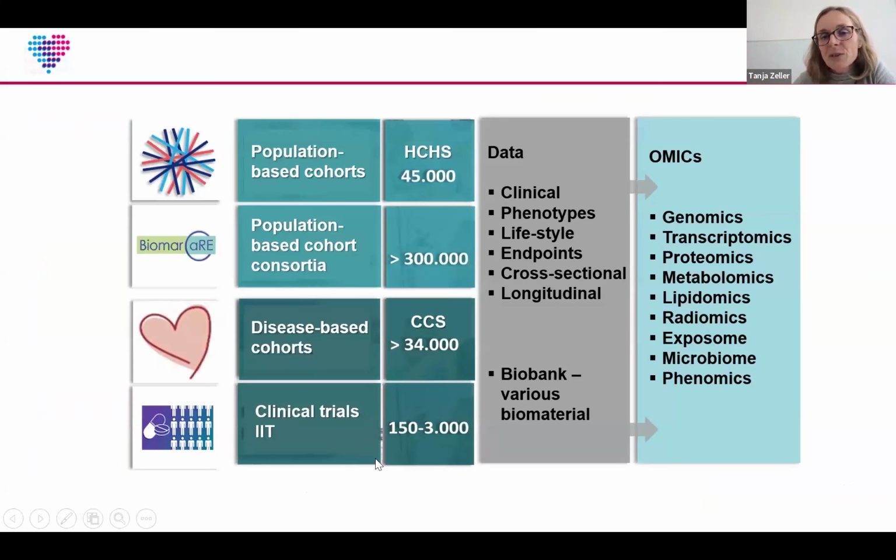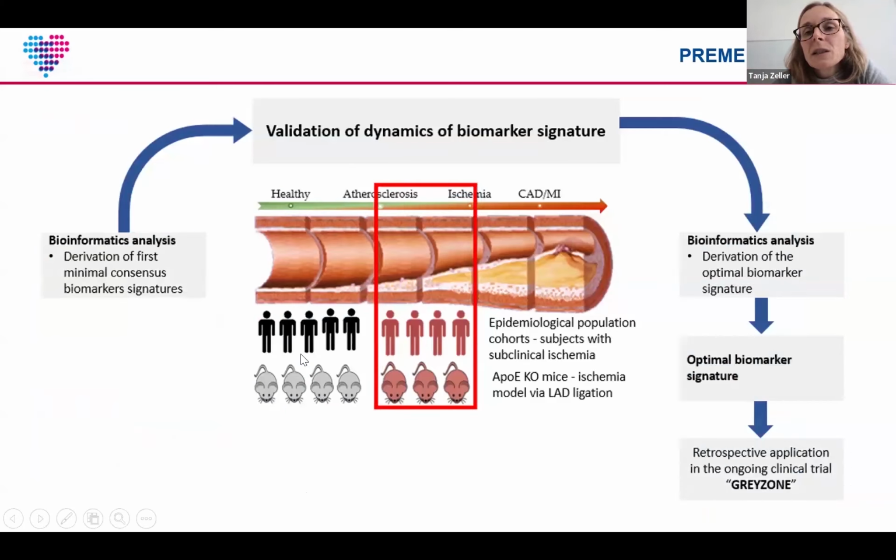So as I said, we have these different resources of our cohorts, and I have now shown examples here from the population-based cohorts. I also want to show you briefly examples of what we did with the disease-based cohorts. There was one EU project, which we call the PREMAT CAD and Match project.